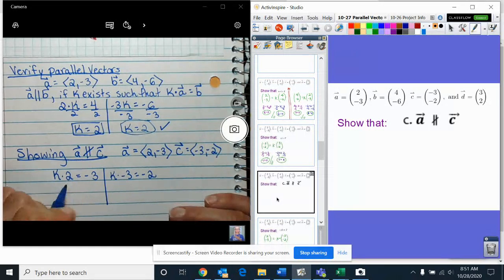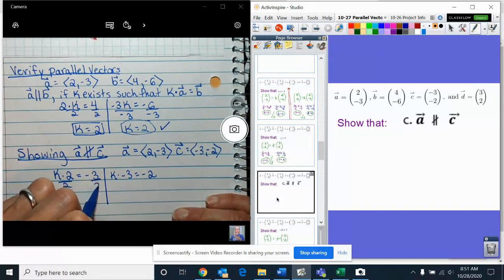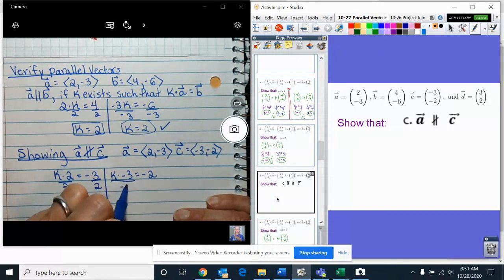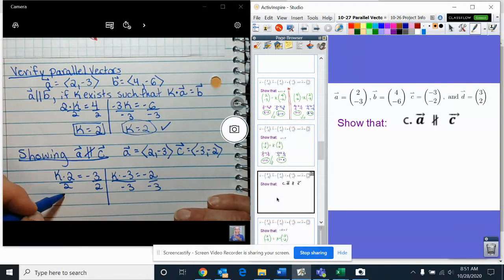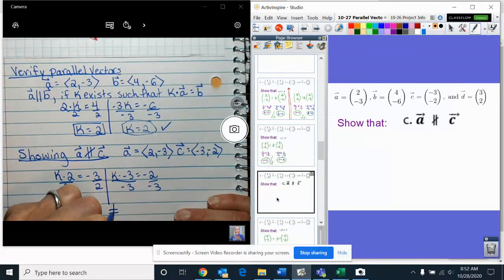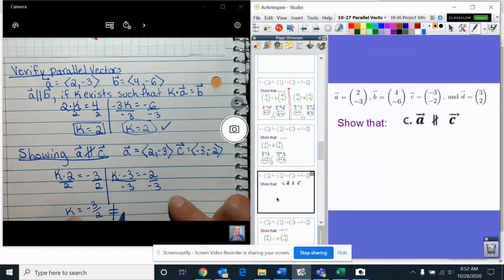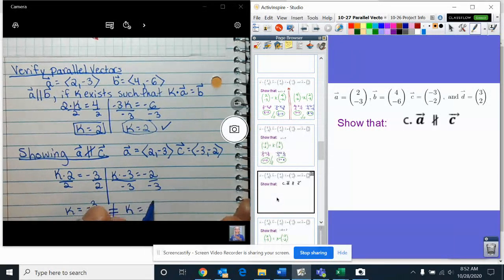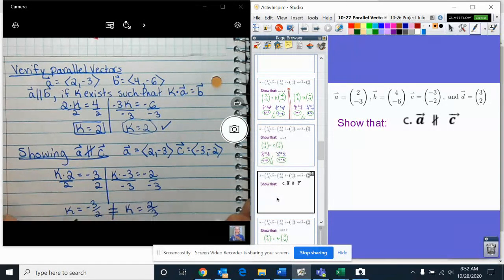And when we divide by 2 here, and over here divide by -3, we get two different K values. We see that K is -3/2, but that's not the same as the K over here, which is a negative divided by negative, is a positive 2/3.